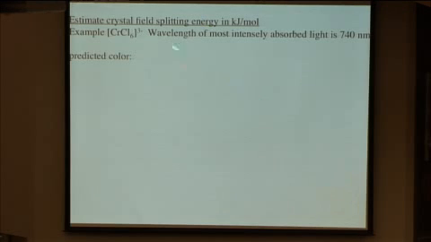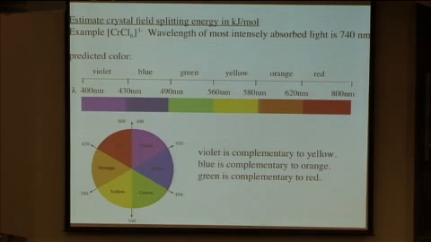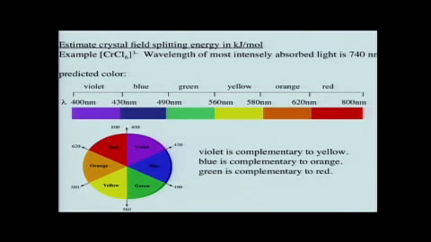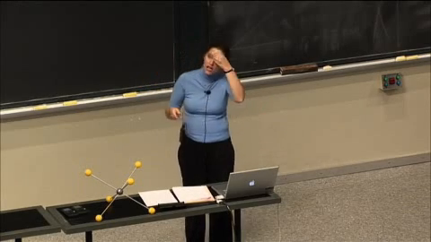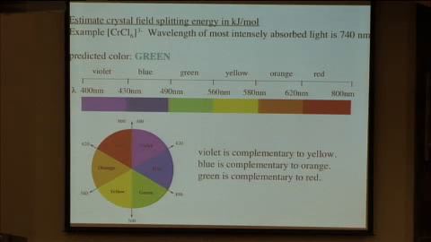And we're told that the wavelength of the most intensely absorbed light is 740. And so what would you predict the color of this to be? It'd be greenish. Yeah. So that would be what you would predict. Again, chemistry is an experimental science, but based on having a complementary color to the one absorbed, that would be a guess.